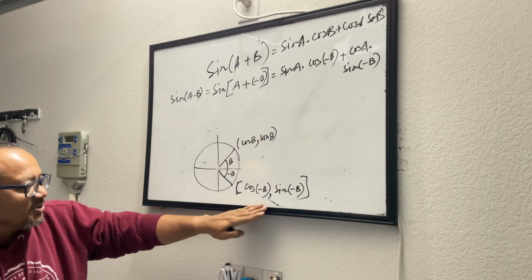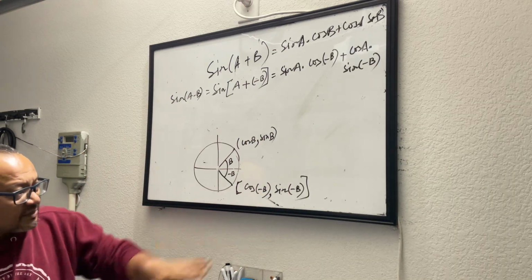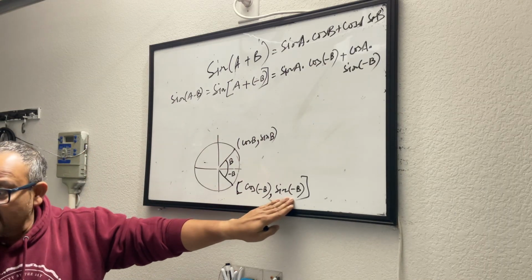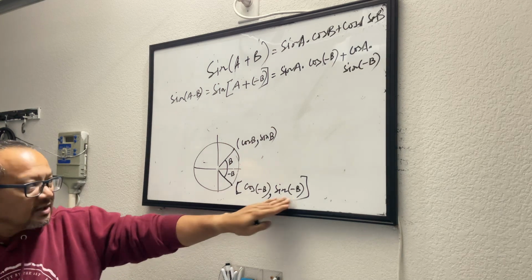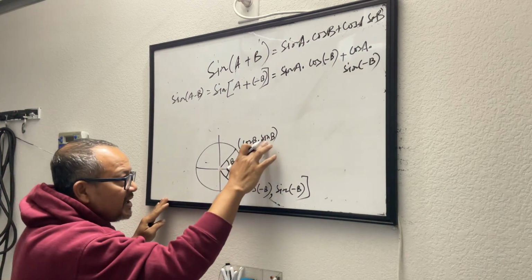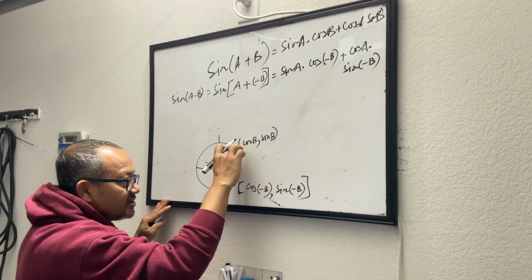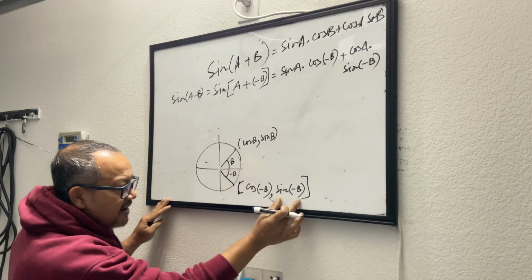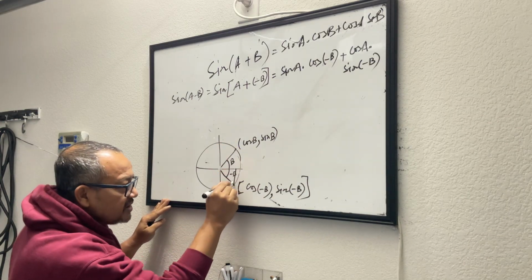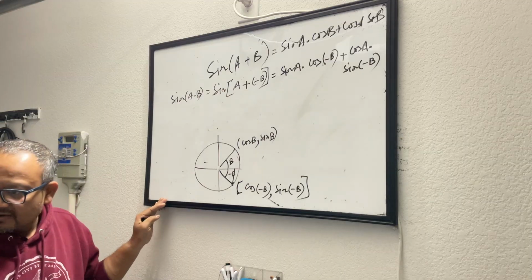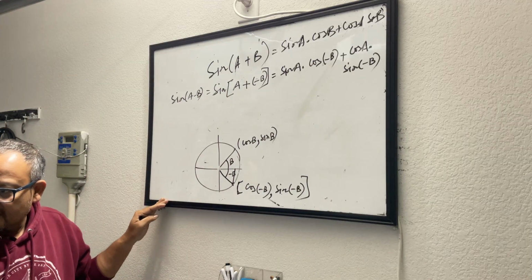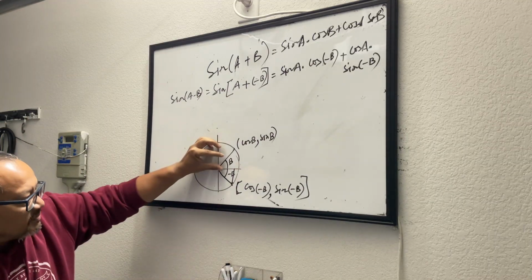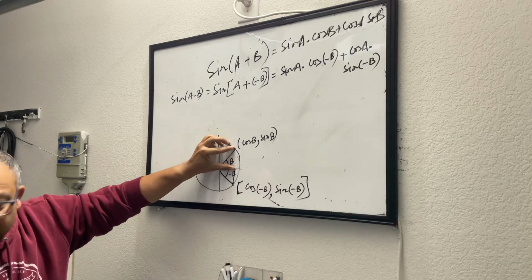Alright, so coming back to the sine part of it. What is my sine? This is my y coordinate. When I have angle B, my y coordinate is positive. When I have angle minus B, my y coordinate is negative. Again, when I had angle B, my y coordinate was positive.